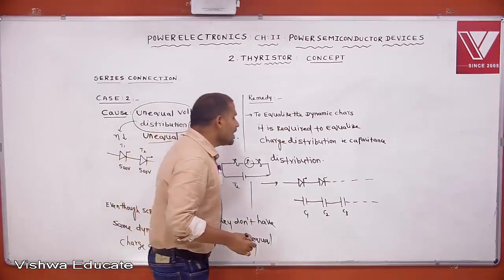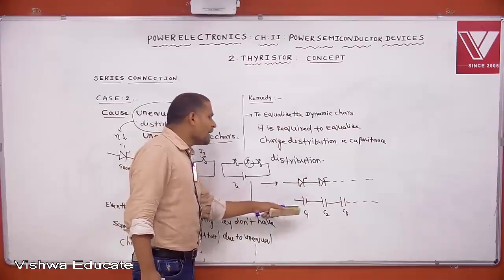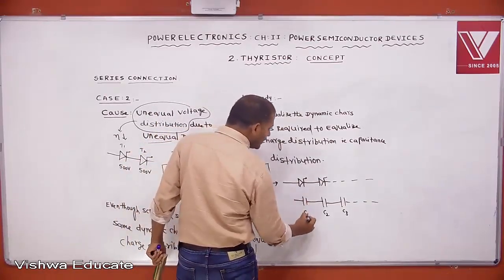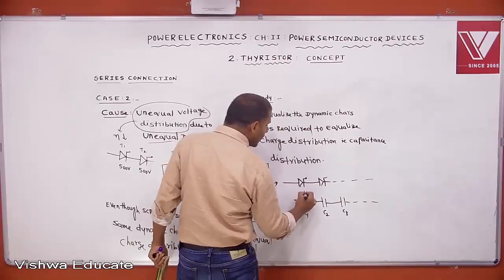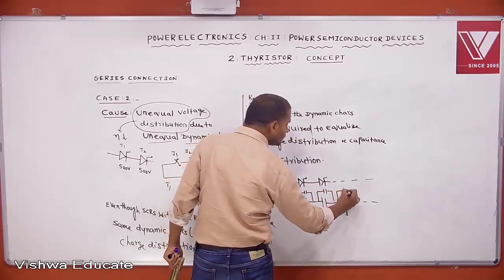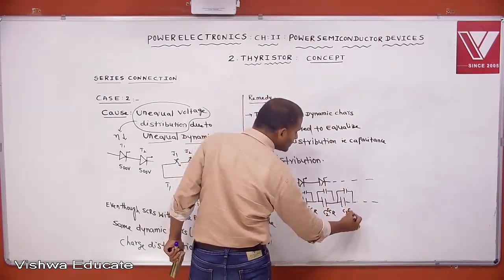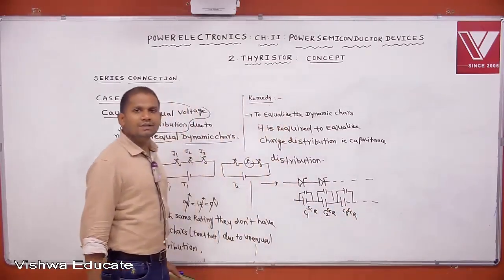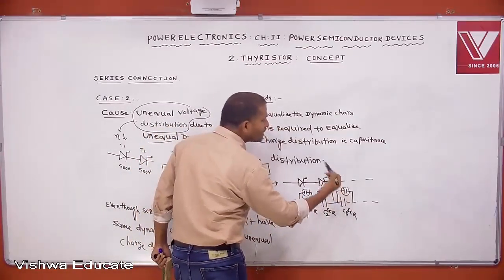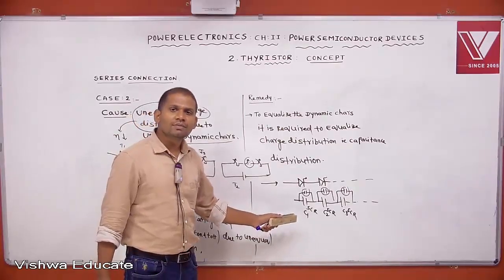To equalize the capacitance distribution across each SCR, we can connect different values of capacitors across each SCR. But practically it is a complex process.